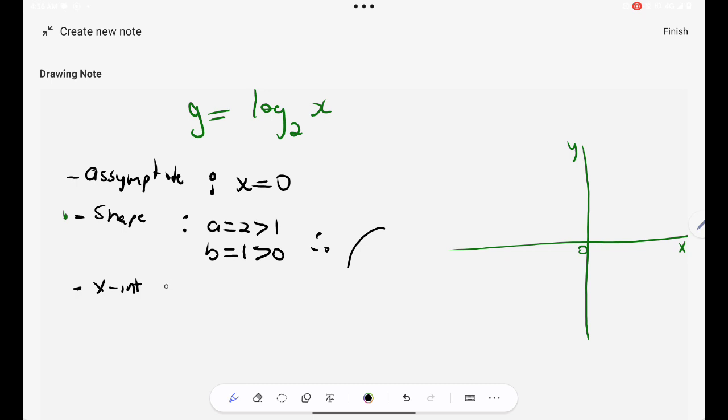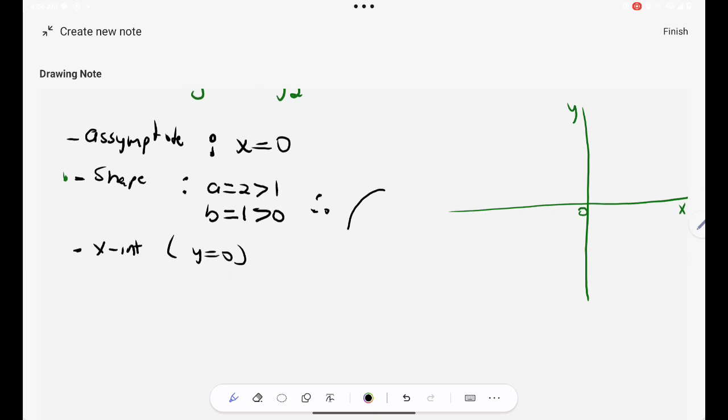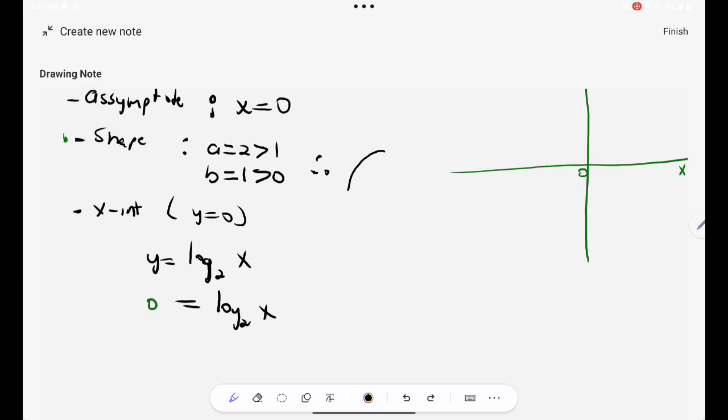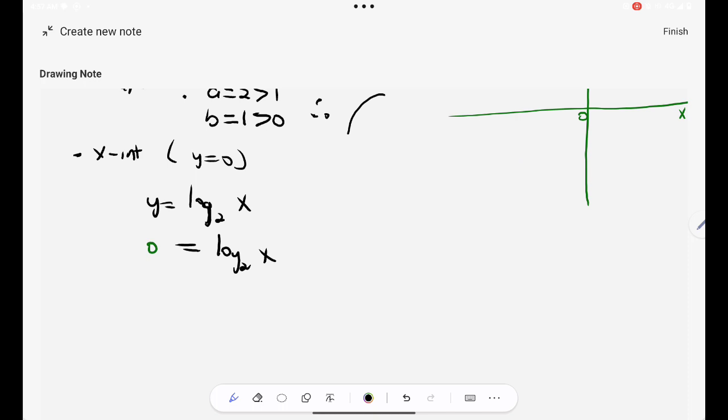And then for the x-intercept, I don't care what kind of graph I'm dealing with, I always need to make y 0 and then solve for x. In this case, I have y is equal to log x base 2. Now when I make y 0, to isolate x, I must remove the log.